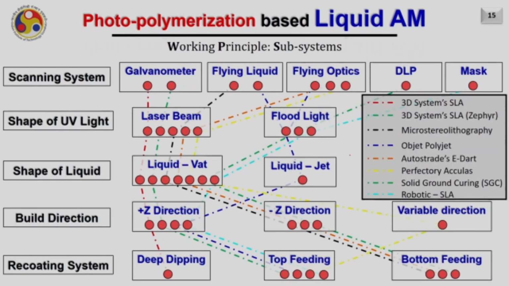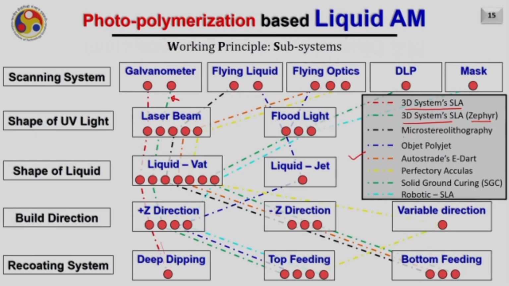Let me summarize. All the systems available are highlighted here. The red color line shows the system of 3D Systems SLA. The main 5 subsystems available in the 3D Systems SLA can be tracked here by tracking this red line. Then 3D Systems SLA, which uses Zephyr as a technology, is shown here in the green color ribbon.